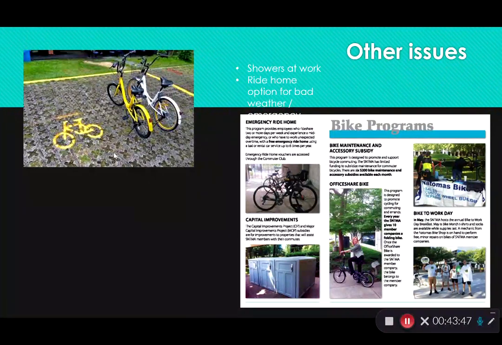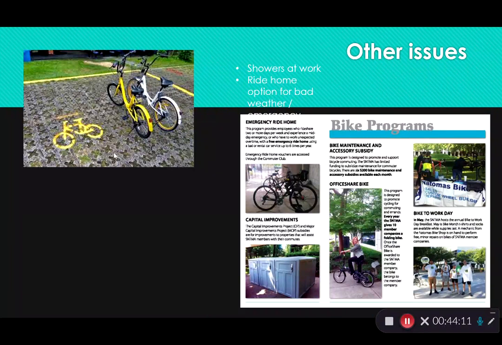So, having employers that provide showers at work, or having facilities that are available, like in downtown Austin, there's a bike shop that has showers. If you ride your bike to work downtown, you can stop at the bike shop, take a shower there, and then either ride the short distance to your office from the bike shop, or walk and not be hot and sweaty when you get there because you showered at the bike shop.